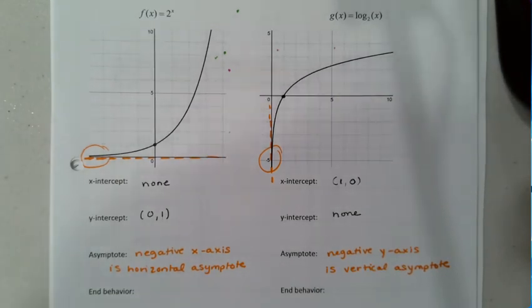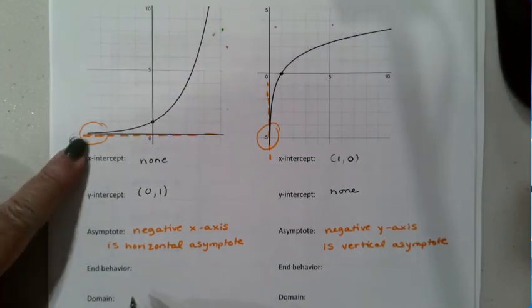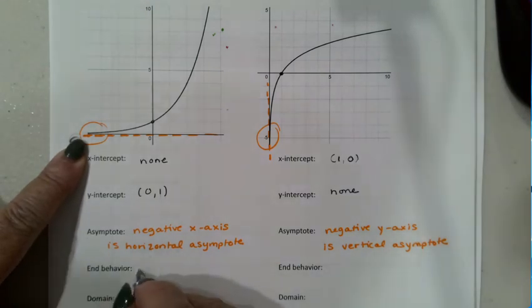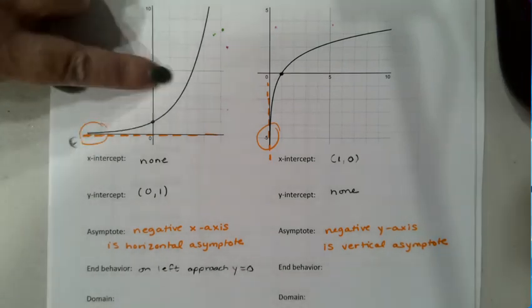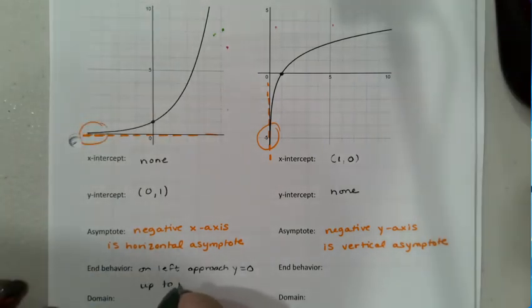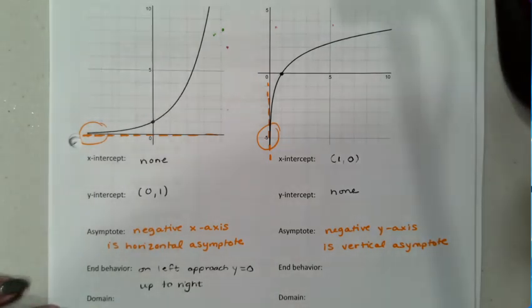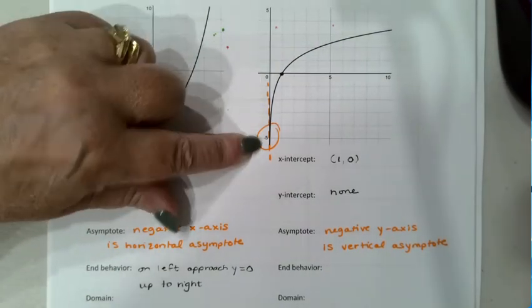All right, as far as the end behavior, let's see. This one, on the left, we approach 0. Y equals 0. And then we go up to the right. This one's kind of interesting because the end behavior actually ends on this vertical asymptote.